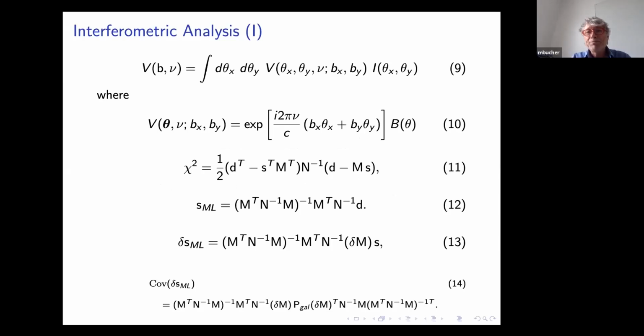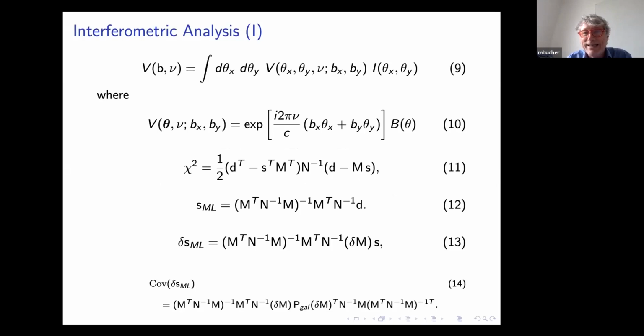Okay, with interferometry, with these two drift scans in both directions, things really don't change that much. So here we have a visibility with different baselines.